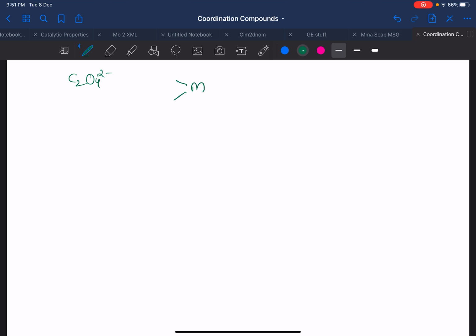The metal ion M n+ is bonded with the C double bond O, O minus, and C double bond O, O minus groups. So these are the bidentate ligands.